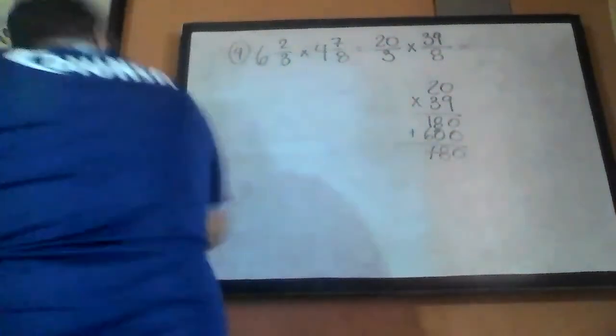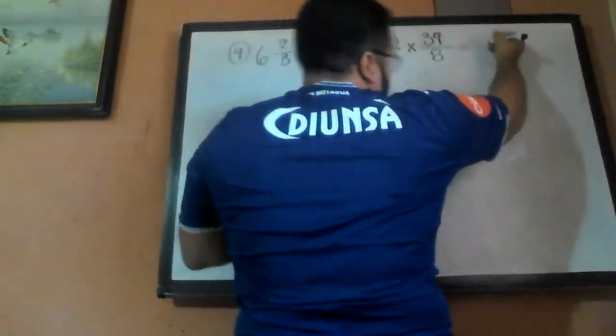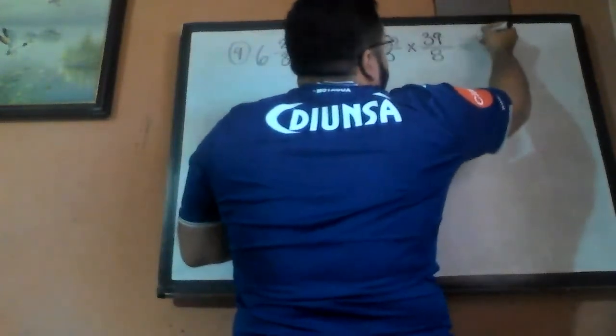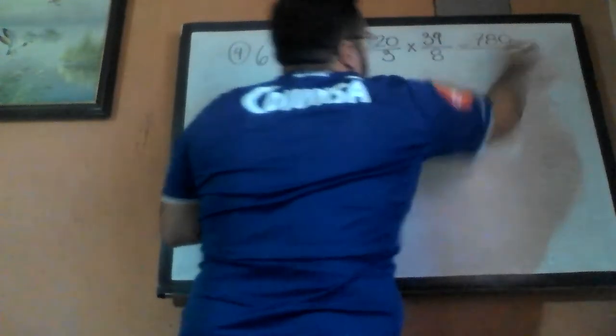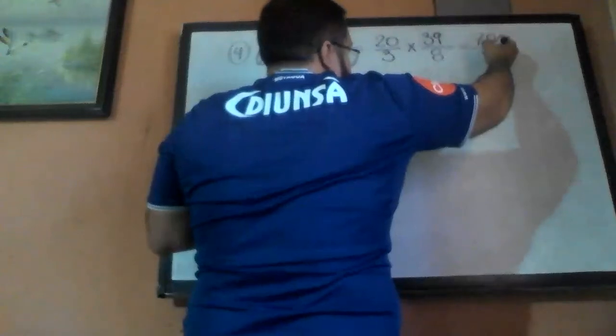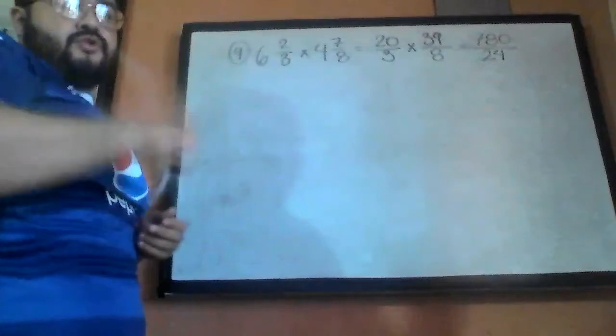So the number is 780. 20 times 39 is 780. And 3 times 8 equals 24.